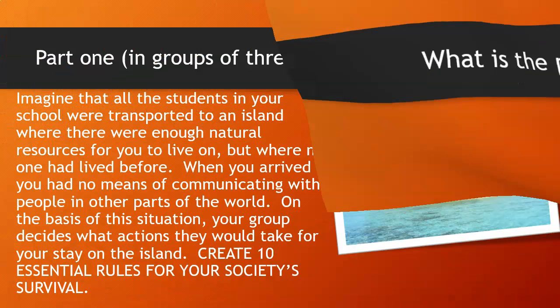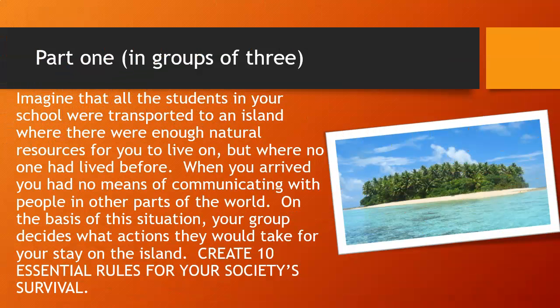Okay, so your activity that you did where you live on a deserted island with a whole bunch of other people, and you needed to create a set of rules for them. That is, the whole purpose of that activity was for you to understand basically why there's government. Why do we have rules for society?